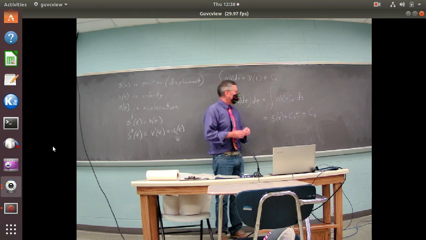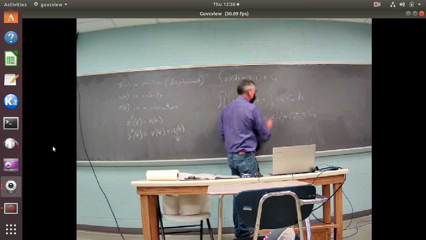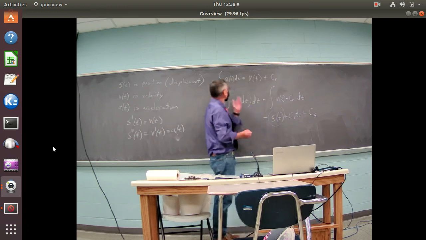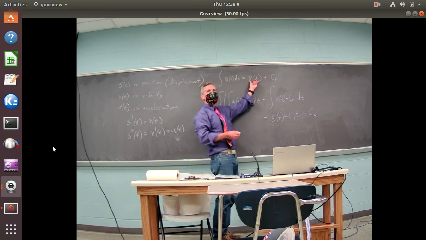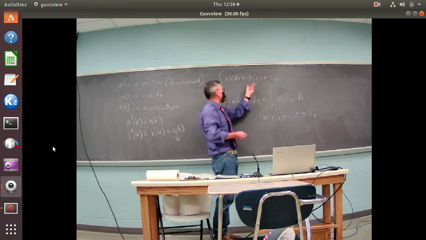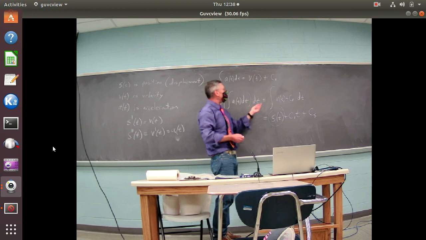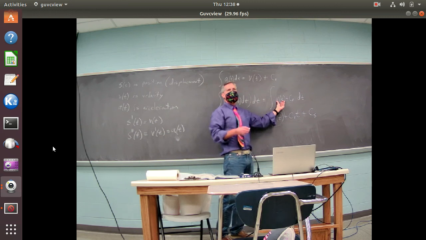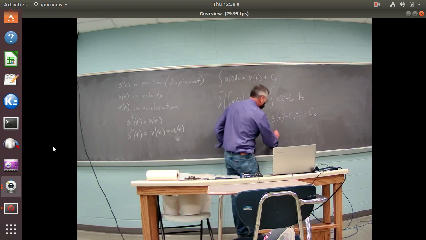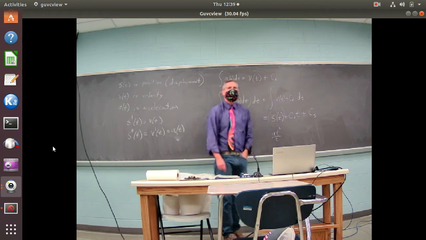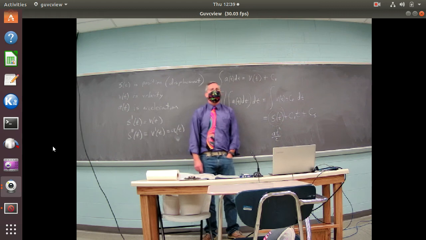And what's this core part usually look like? Well, if a is a constant, then that's just some constant times t. And then a constant times t in here gives a constant times t squared over 2. So typically this part looks a lot like a t squared over 2 for most of the problems we do.